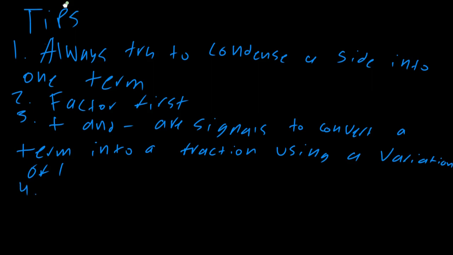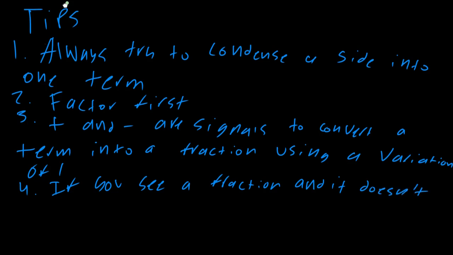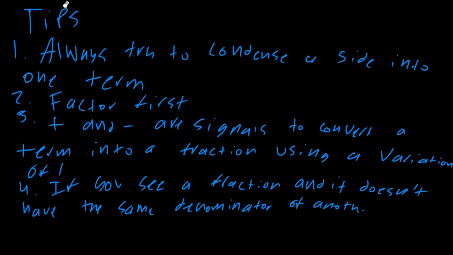The fourth one is, if you see a fraction and it doesn't have the same denominator as another fraction, use a variation of 1 to make the denominators the same.